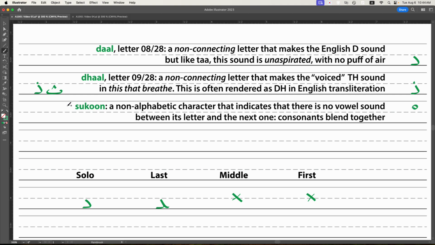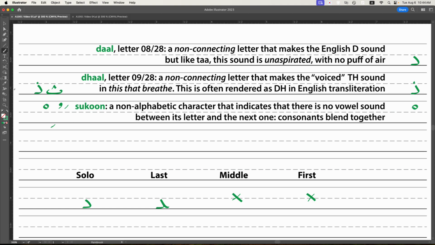So we know fatha, damma, and kasra that make a, u, and i between two letters, and now we know sukun that means don't make any sound in between those two letters. So all four of these characters go together: short A, short U, short I, and no vowel sound at all.